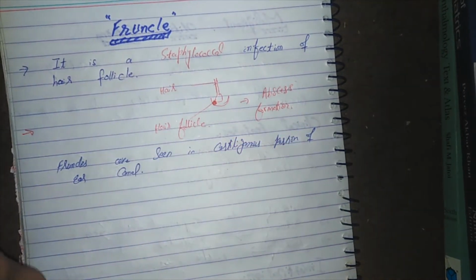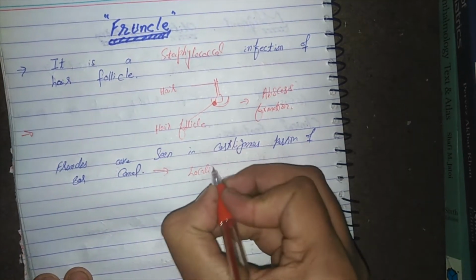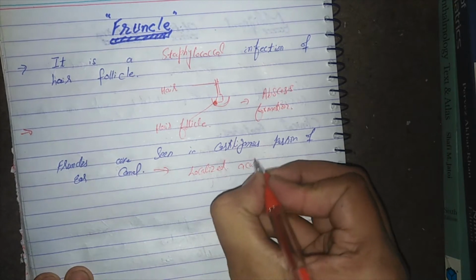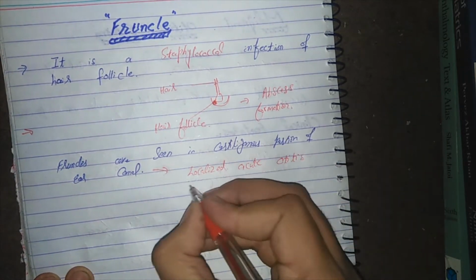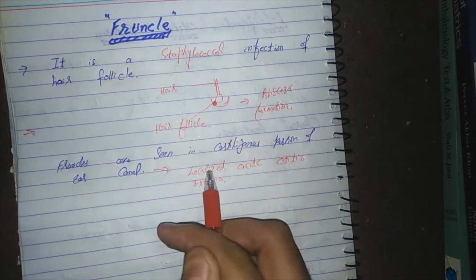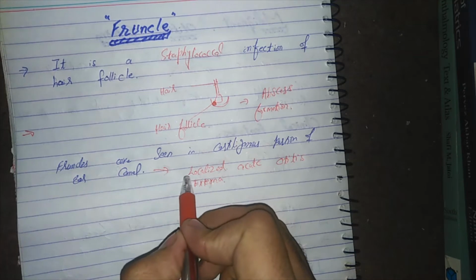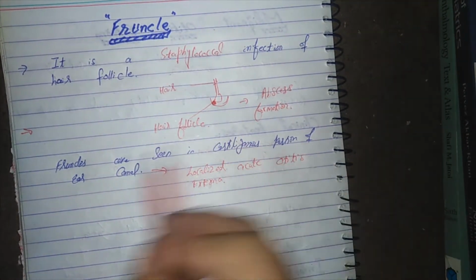Due to this reason, it is also called localized acute otitis externa. This is the second name of furuncle, because furuncle is only associated with the cartilaginous portion of the ear canal.